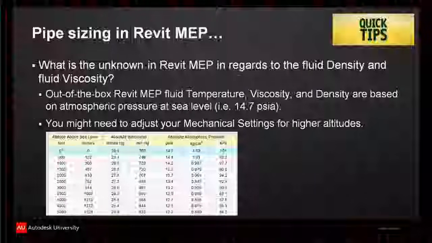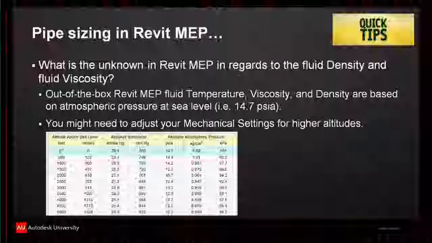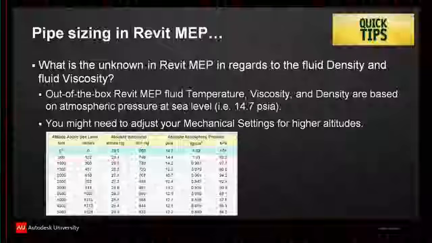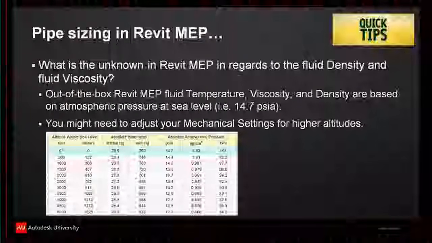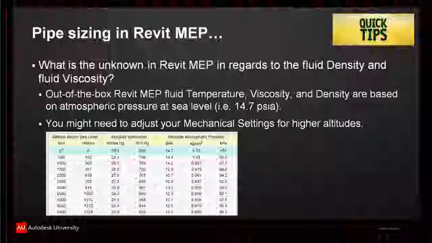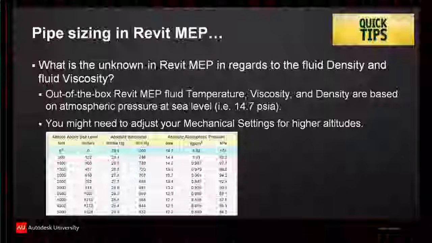All right, 5,000 feet above sea level. You're going to need to basically recalculate your density and viscosity for all your tables. Okay, so just understand that if you're going to proceed down that path using the tool, just make sure that you reassign your density and viscosity so that your piping is sized correctly.